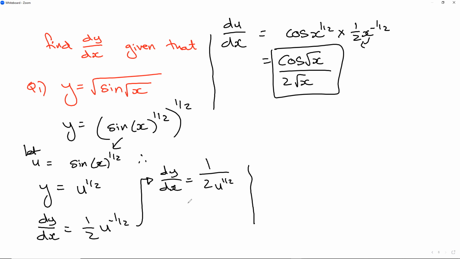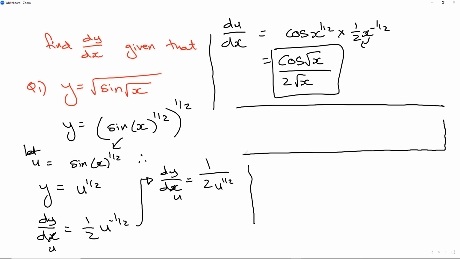This is du/dx, and this is dy/du, actually. This is not dy/dx, this is dy/du. Now, I have used an intermediary, du. So dy/dx can be found by splitting these two up.